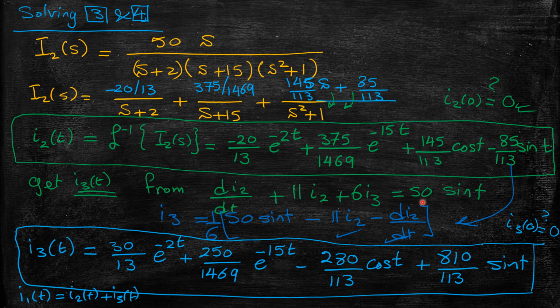So here you can use 50 sine t minus 11 I2 minus di2 by dt, which you already obtained from the first one, and then divide by 6. And we end up with I3 ready in the time domain. And this is what I did here. After this, we have I2, I3, and I1, which is nothing but the summation of both branch currents.